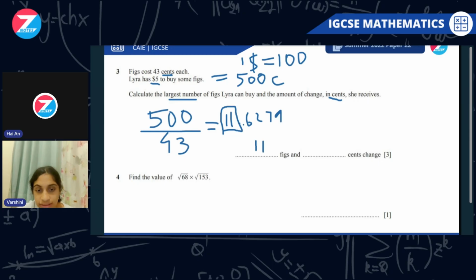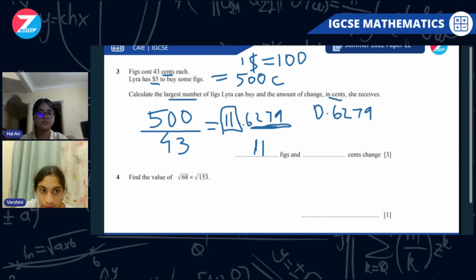Now for the change she gets, we know that this 0.6279, once we take out 11 from this, she would theoretically have 0.6279 figs left over. So all we need to do is convert 0.6279 into cash. So to do this, we know that each fig is 43 cents. One fig equals 43 cents.